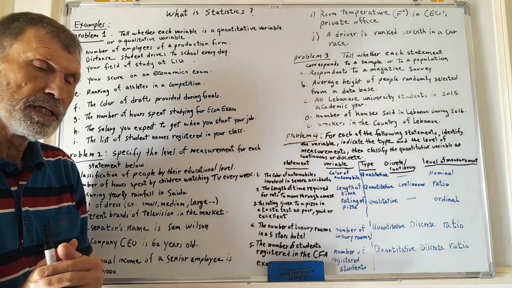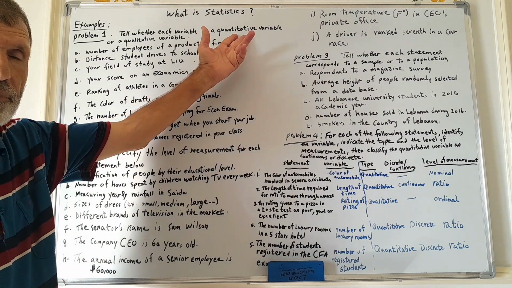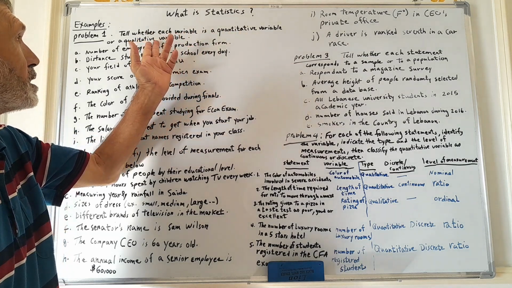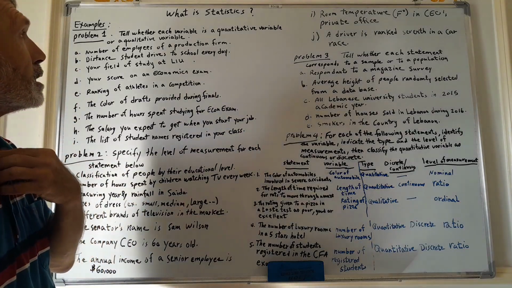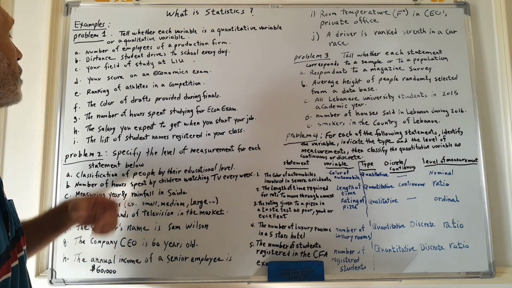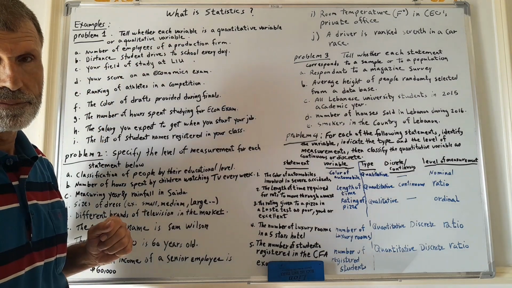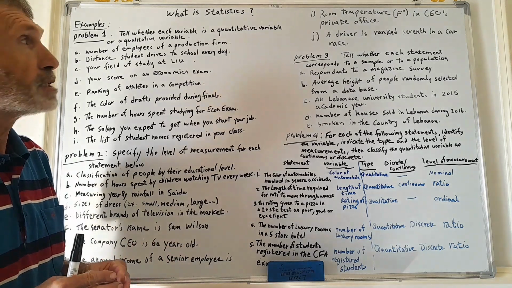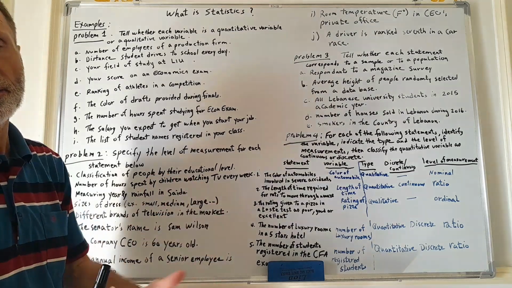Quantitative variables can be reported numerically, and qualitative variables are not reported numerically. Now, the number of employees of a production firm. The number of employees could be 5, 6, or 10. So this is a quantitative variable because it's reported numerically.